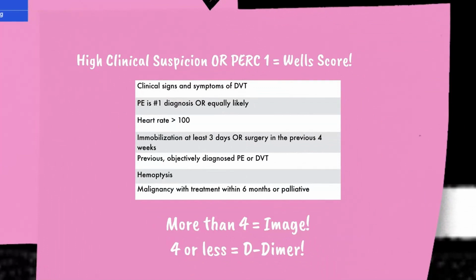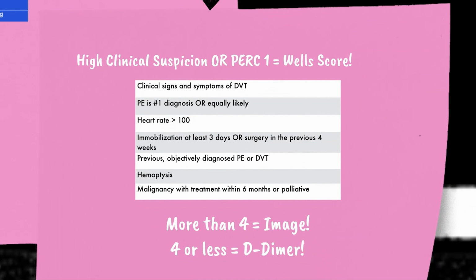If you have a high clinical suspicion of PE or the patient does not meet the PERC rule, you can use the Wells score, and you can see the criteria as shown on the screen. So 4 or less on the point system means that the PE is unlikely, but greater than 4 would mean that PE is likely.